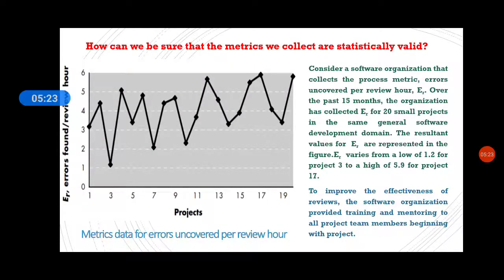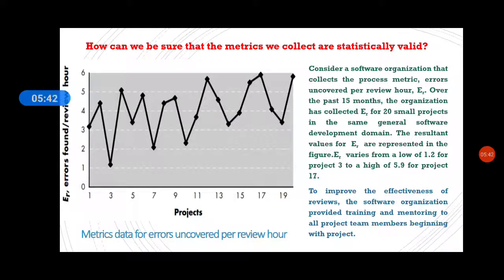Now let us understand how can we be sure that the metrics which we collect are statistically valid. If you observe the screen, with the help of the diagram it is explained clearly.